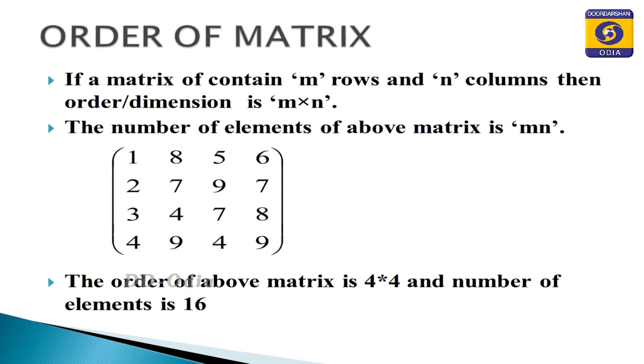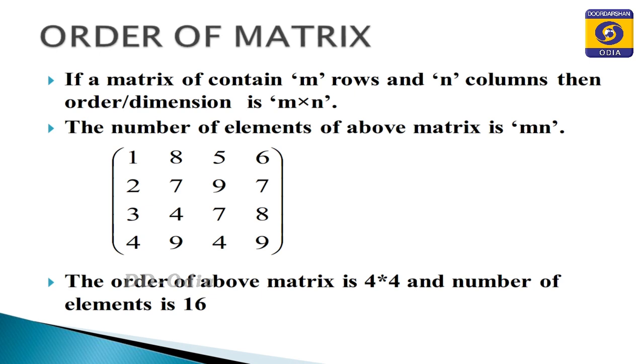Here we take an example. This is a matrix containing 4 rows and 4 columns. Row 1 contains 1, 8, 5, 6, row 2 contains 2, 7, 9, 7, row 3 contains 3, 4, 7, 8 and row 4 contains 4, 9, 4, 9. Similarly, column 1 contains 1, 2, 3, 4, column 2 contains 8, 7, 4, 9, and column 3 contains 5, 9, 7, 4.